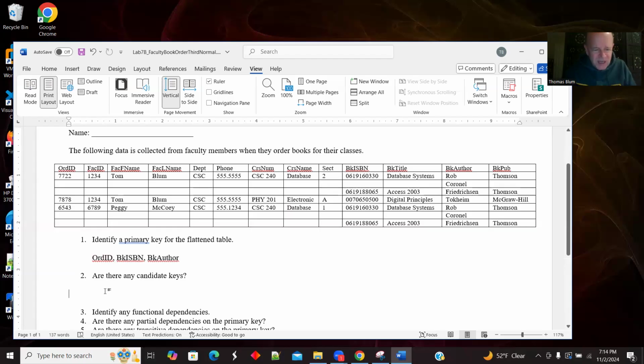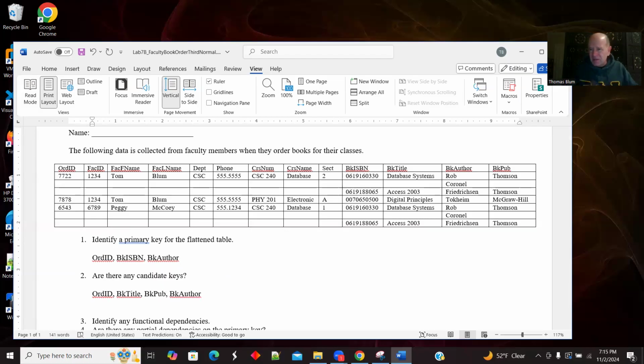I'm going to put what's down here and then I might take out the book ISBN and try a book title, and two books might have the same subject, but probably not by the same publisher. Maybe, I don't know. ISBN is clearly superior, that we know that's going to be unique. But let's say, for the sake of argument, that a book title and a book publisher is a unique combination.